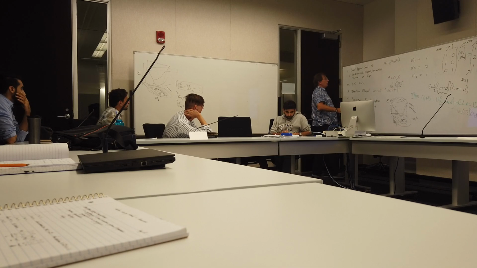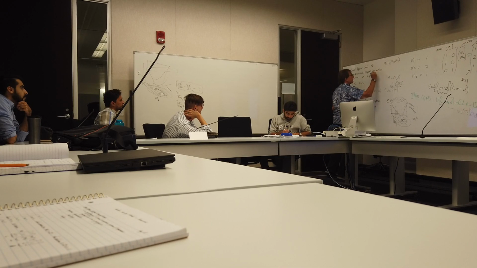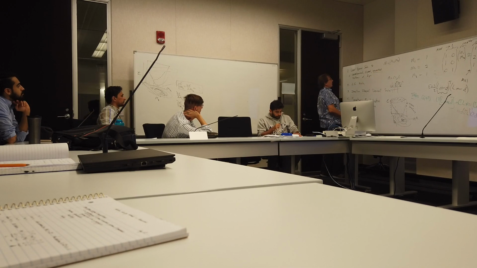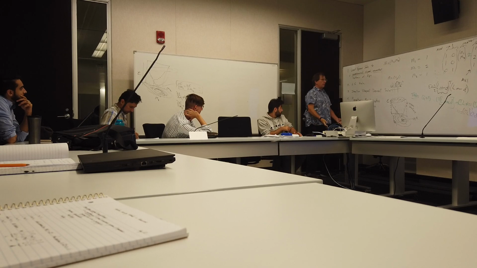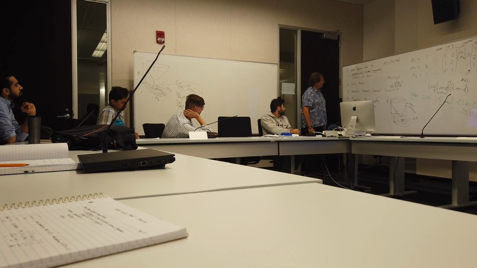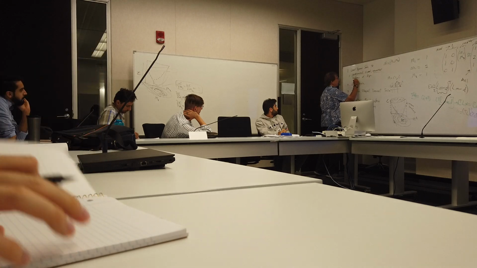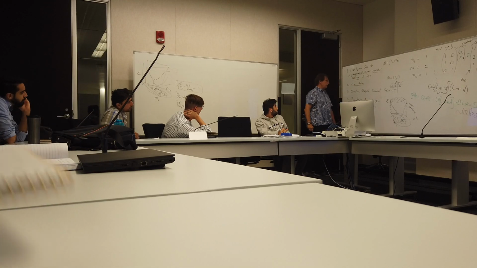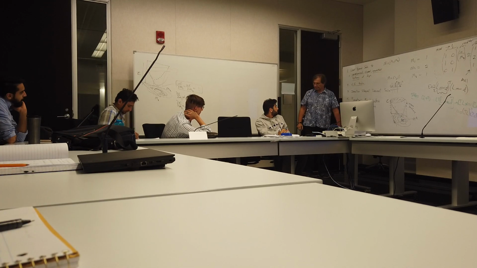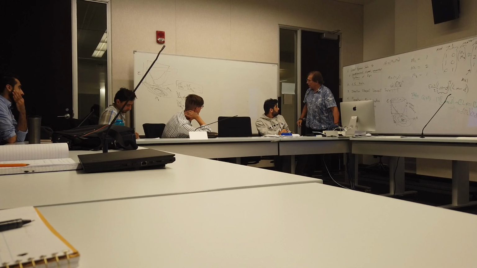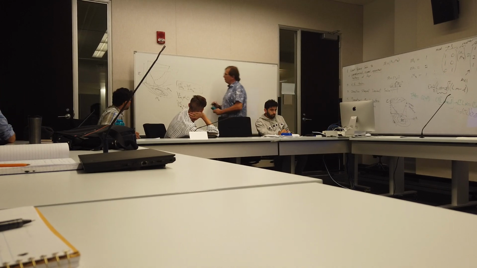So we've defined overdetermined when the number of equations is greater than the number of unknowns. We've also defined the least squares solution. And let me draw a picture of that. Well, I've already drawn most of it.